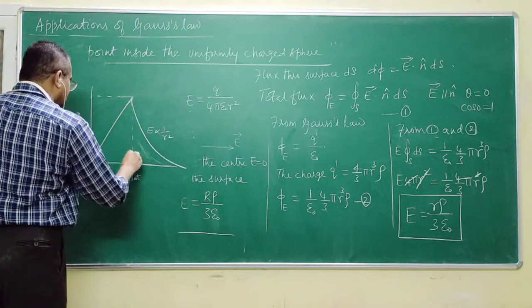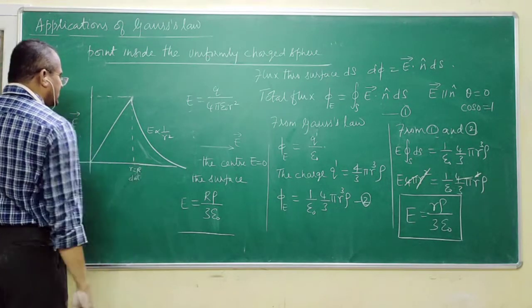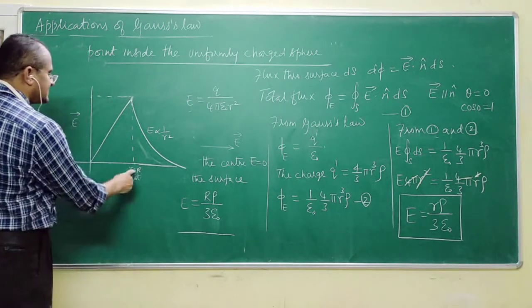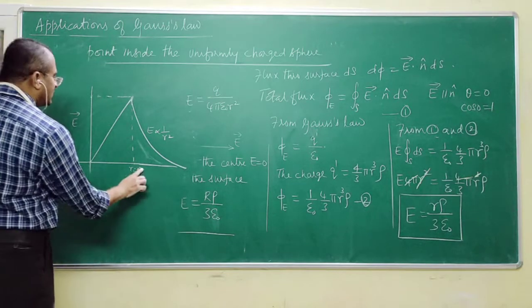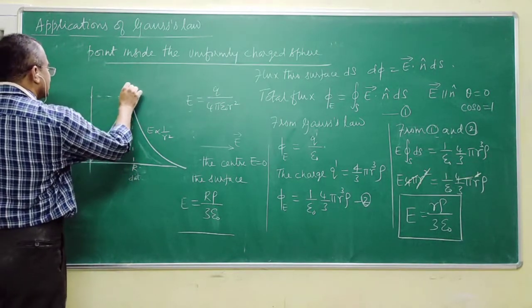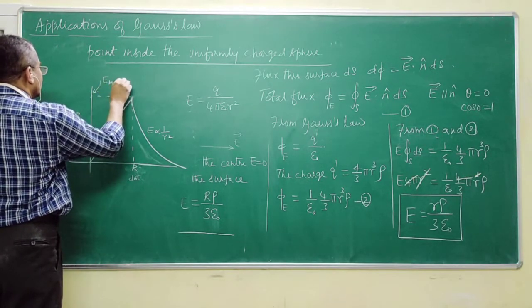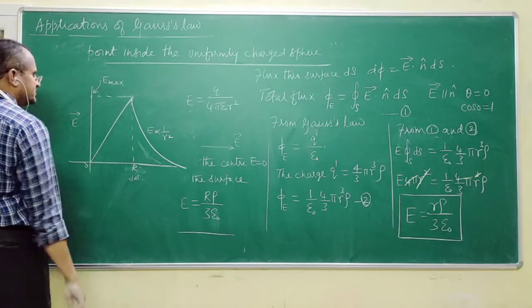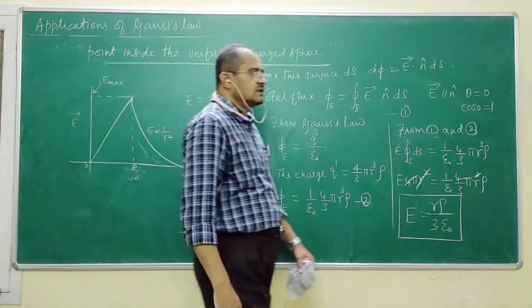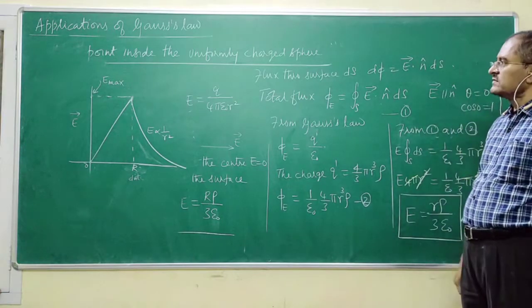Here small r must be equal to capital R. This is maximum, E max. At the center it is 0. This is how the graph will look. Is that okay, team, sir?